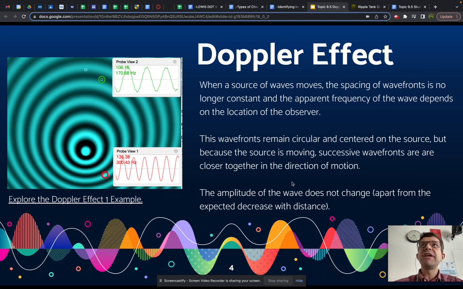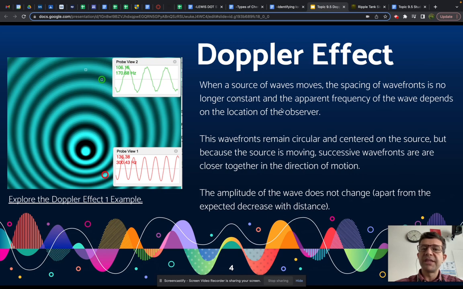This is the moving source of waves Doppler effect specifically. The spacing of the wavefronts changes when a source is moving, and so the wavelength is not constant for observers at different locations.